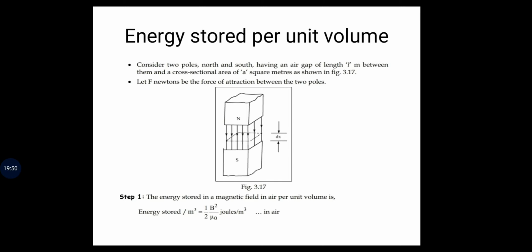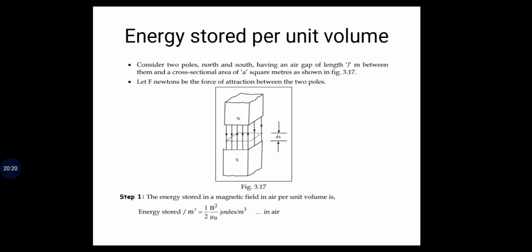Then we take north and south poles, the distance between them is l meters, and the cross sectional area is A square meters.